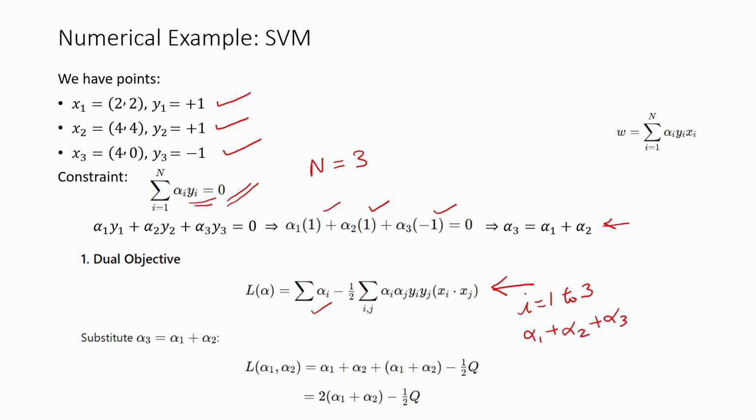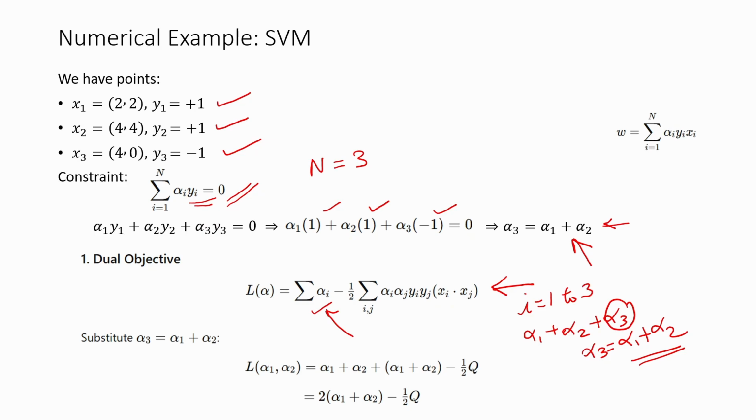As you can see, this is the first part: alpha 1 plus alpha 2 plus alpha 3. To simplify this, instead of considering 3 variables, we can substitute alpha 3 is equal to alpha 1 plus alpha 2, which we already got.